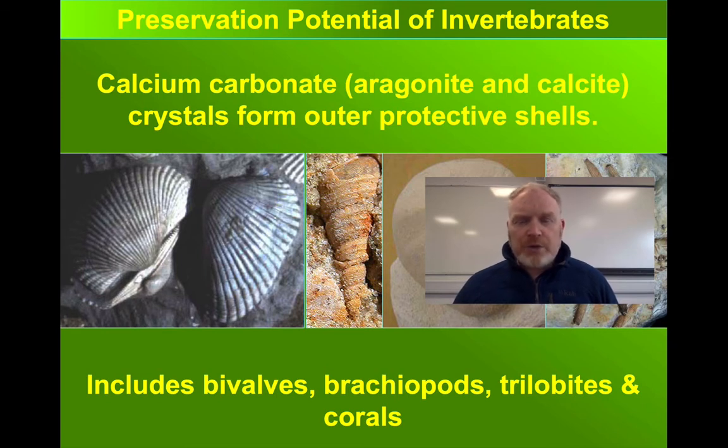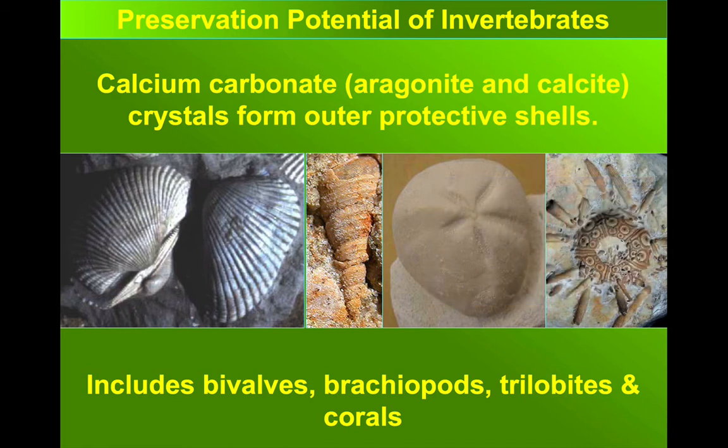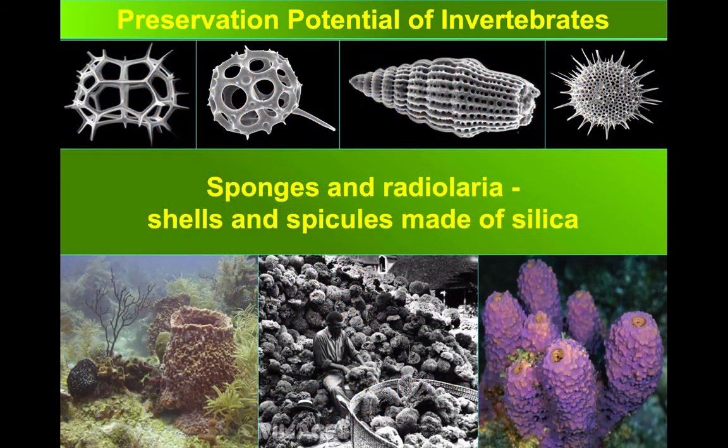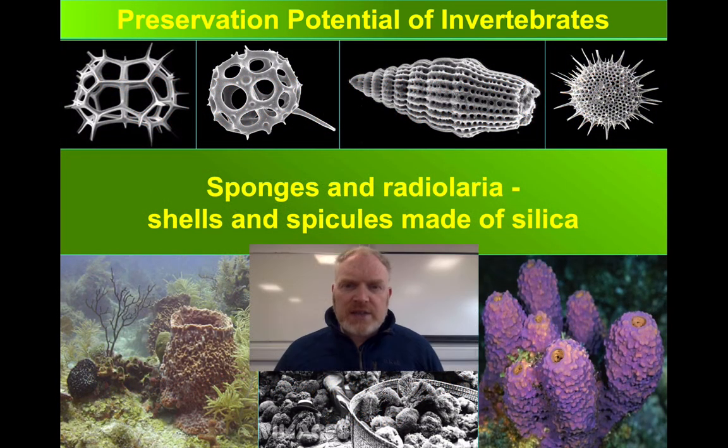So bivalves, brachiopods, trilobites, corals all have this type of structure. Less commonly, we do see some invertebrates that have a shell or a skeleton made of silica, sponges or microfossils called radiolaria. We don't really study these in too much depth, but they do exist and they do preserve.